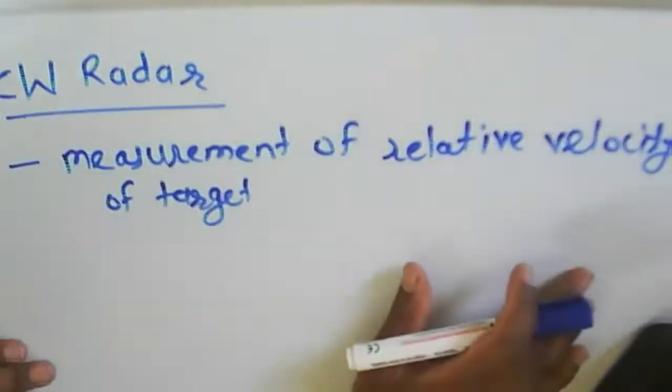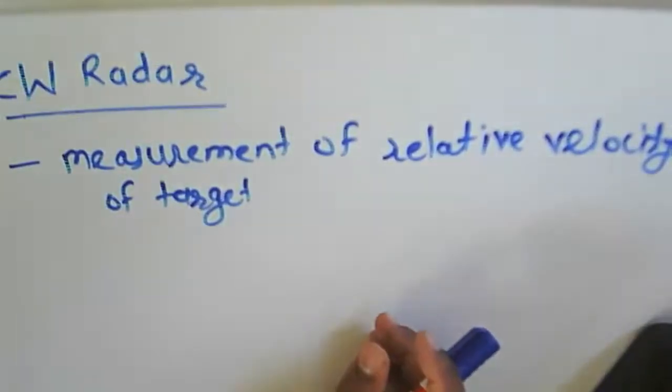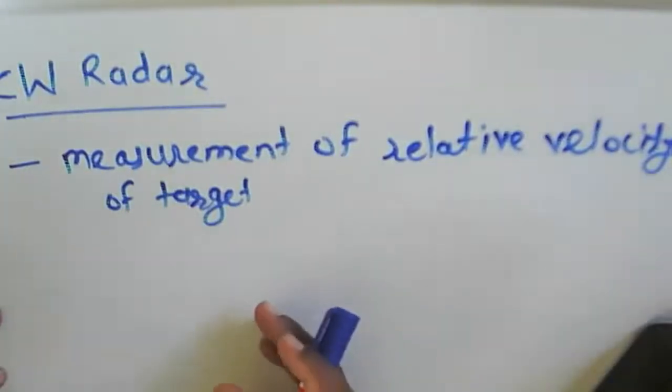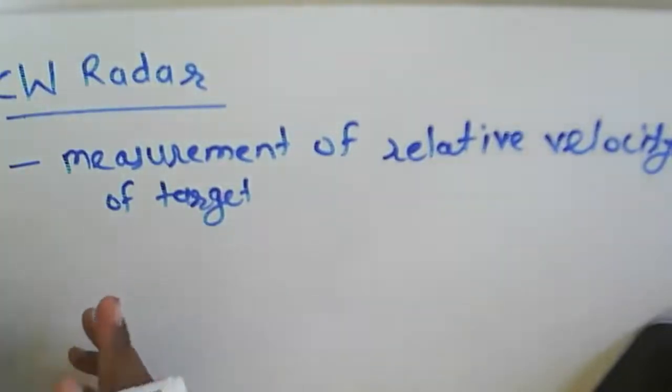This way we identify the regulation of vehicles at the toll booth, then vehicle counting, or we can use it for the measurement of speed and so on.